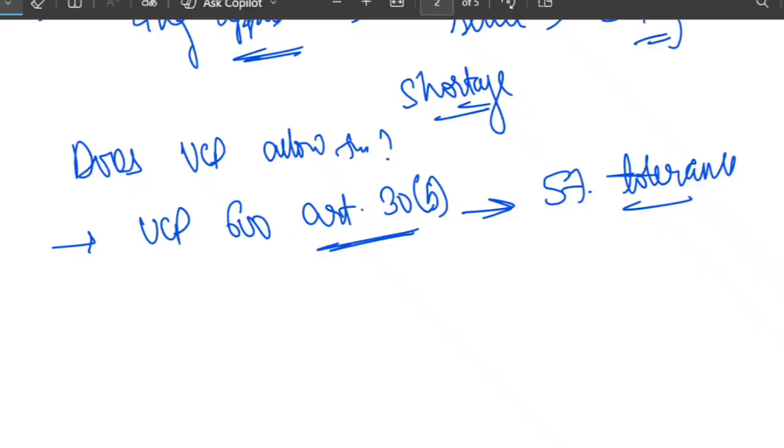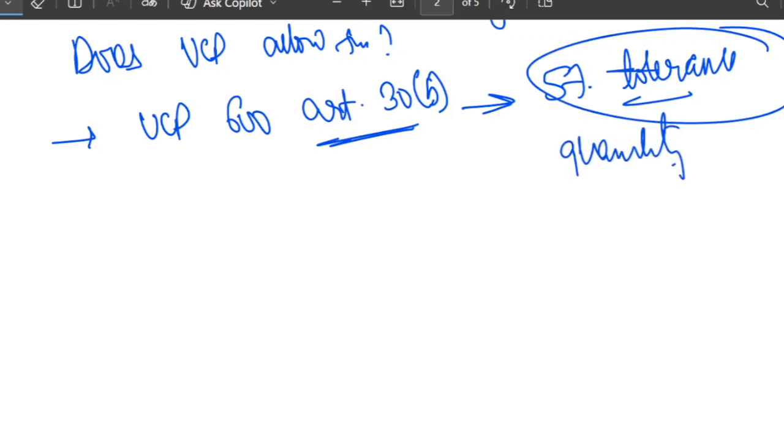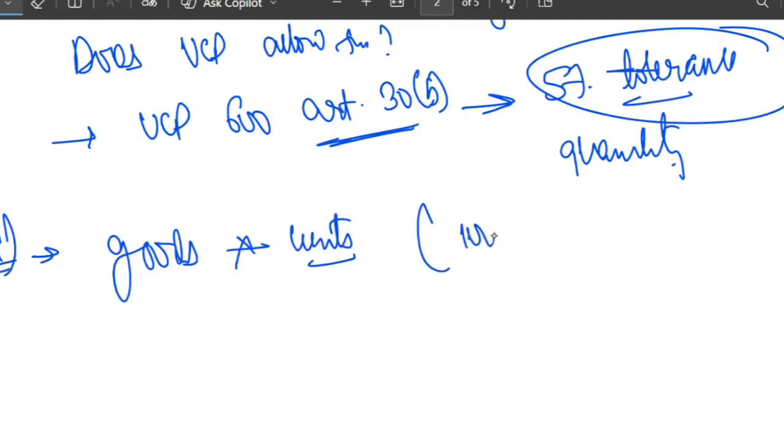In terms of quantity, it gives 5% tolerance, but the condition is that the goods are not counted in units. Goods should not be counted in units, like it may be counted as 100 boxes, not in terms of units. And the second condition is that the LC does not prohibit any tolerance, right?